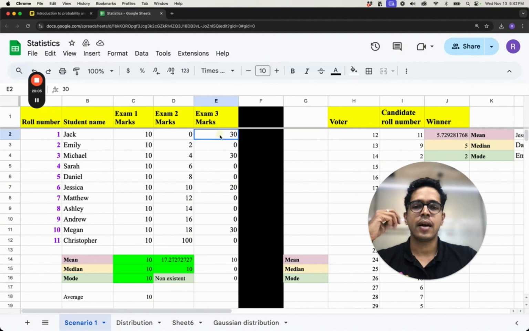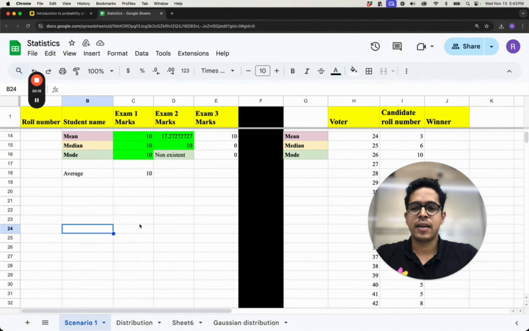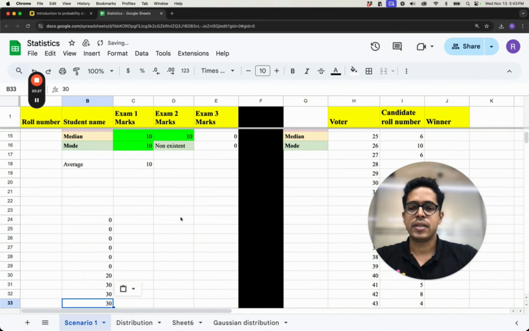If we order this, because we cannot simply pick the middle right now, we have 11 numbers, and it will be like this, right? We have 7 zeros, then 20, and then we have 3 30s. So this is how the ordering is.